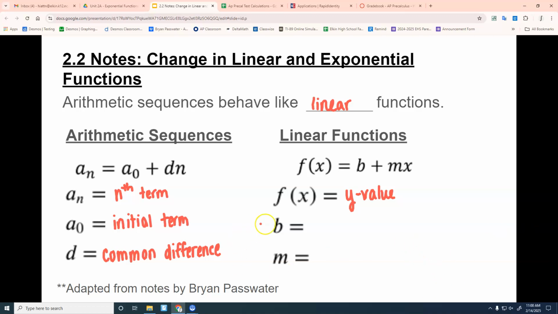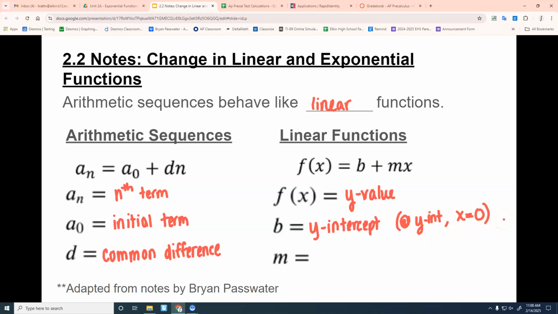What is b on a graph of a linear function? It is your y-intercept. And remember that at a y-intercept, x equals 0. So notice, for the initial term, your n is 0. At a y-intercept, your x is 0.